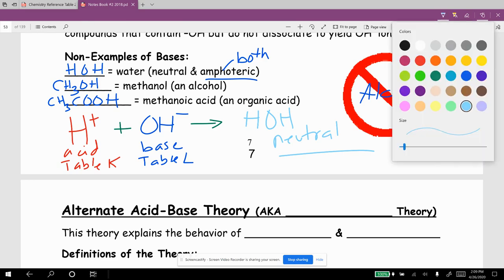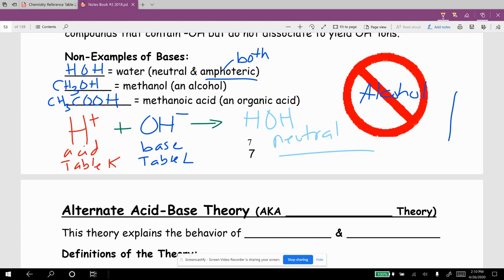And one quick more thing: the acids have a low pH, less than 7. Our bases have a high pH, greater than 7. And what about our water? Neutral. Our H equals our OH. So that is why we have a pH of 7.